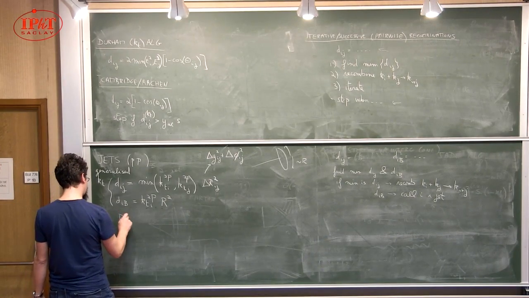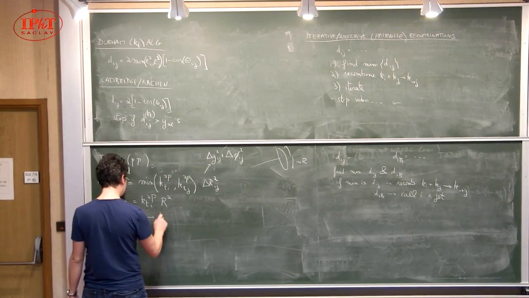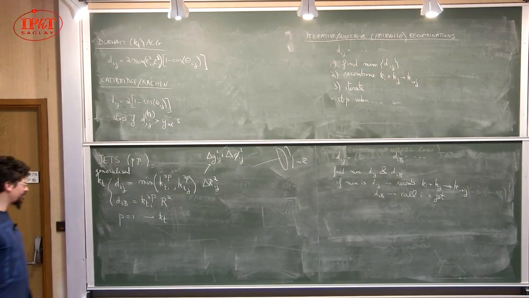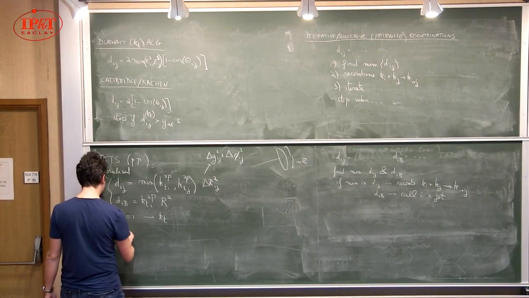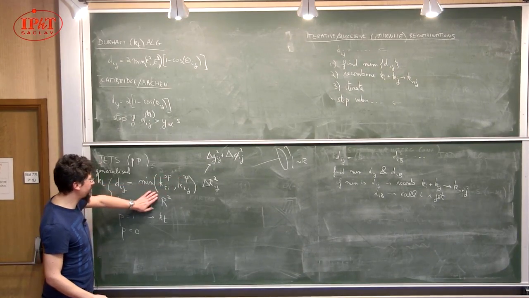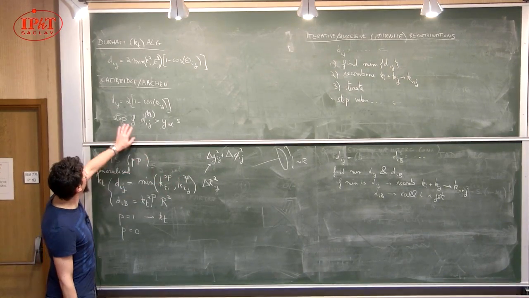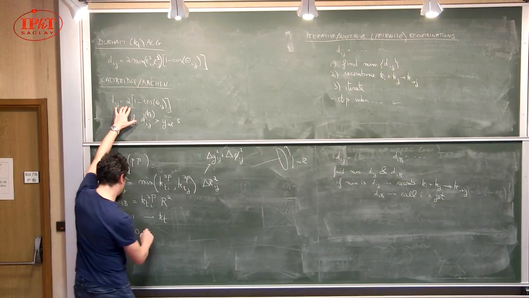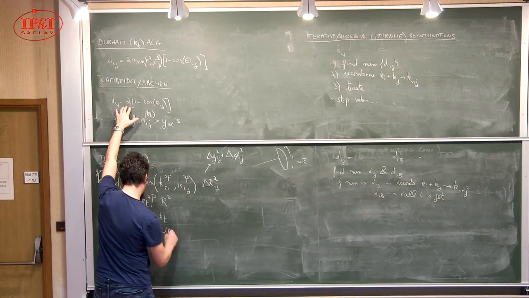If you take p equals 1, that gives you the kt algorithm, which is what we just saw. If you take p equals 0, this factor drops out, that factor drops out, and you end up with the Cambridge/Aachen algorithm.